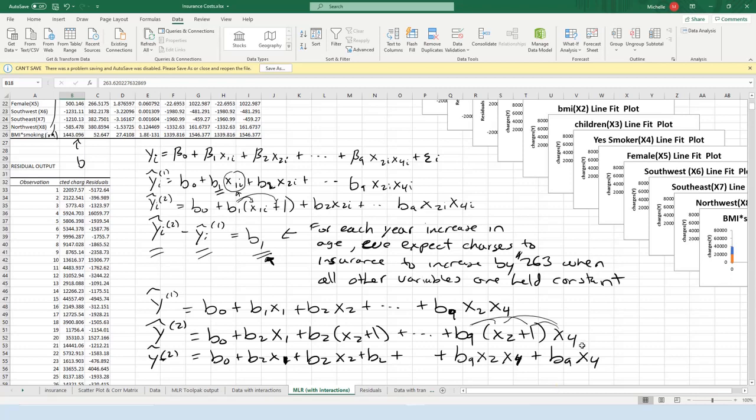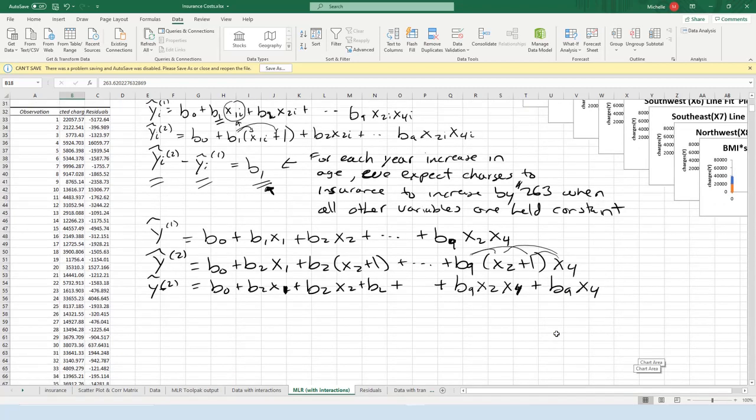All right, so when you take the difference between an additional unit of increase in BMI minus without, you can see that everything cancels except this guy and this guy.